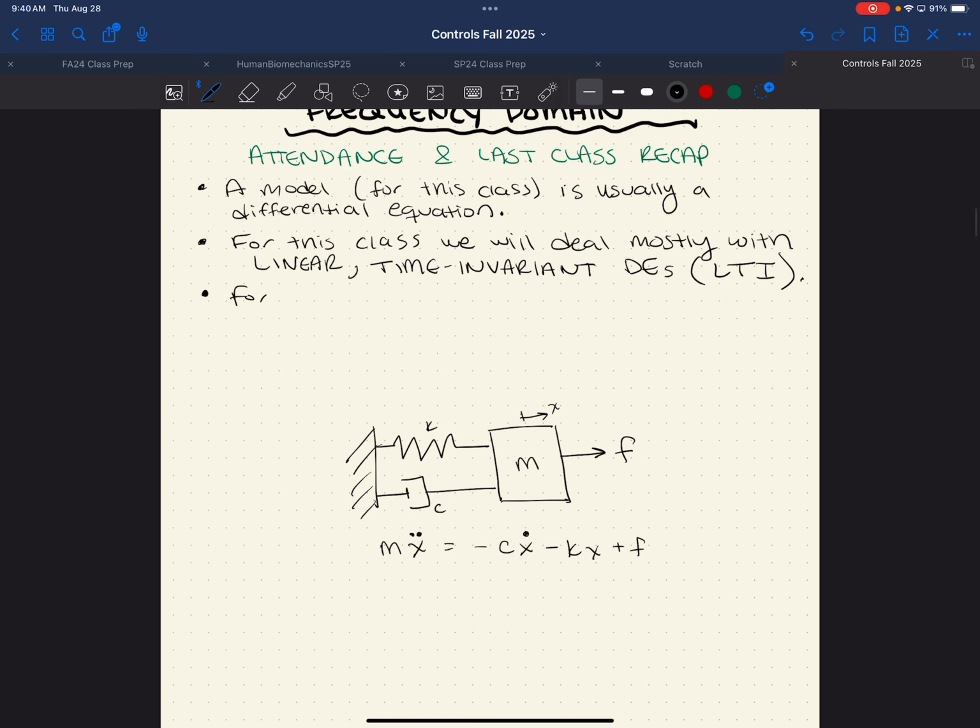So for a plain Jane differential equation, I'm shortening DE as differential equation because I'm lazy. The input, output, and system parameters are spread all throughout the equation.